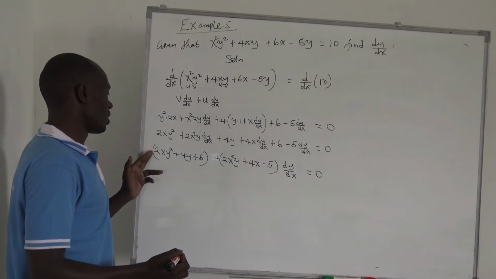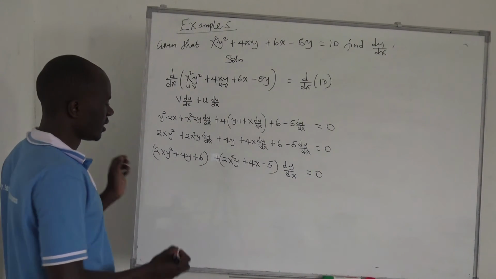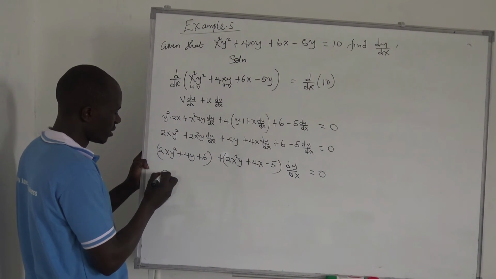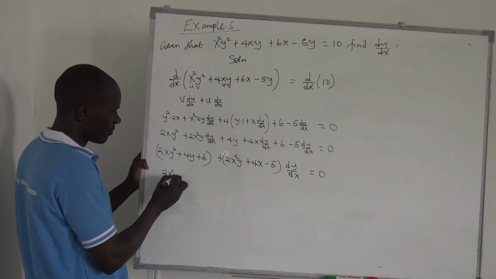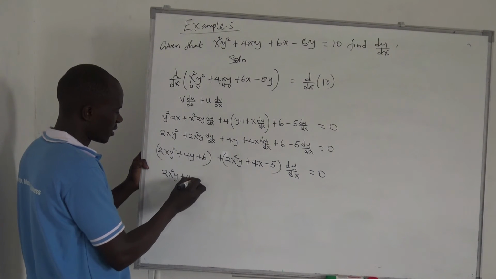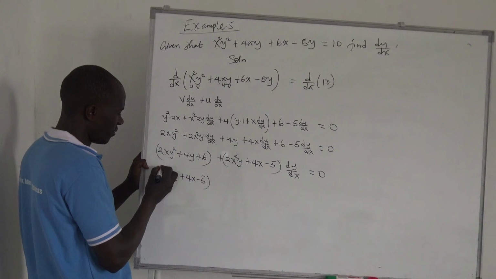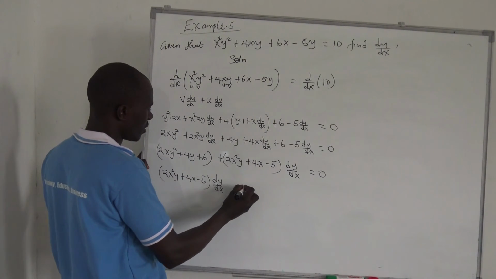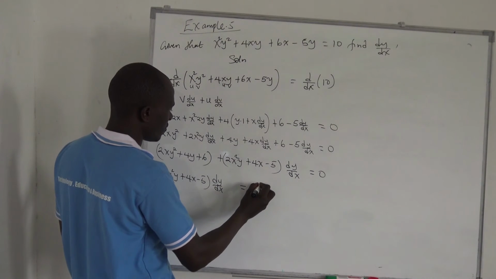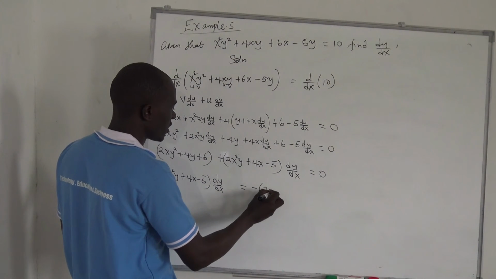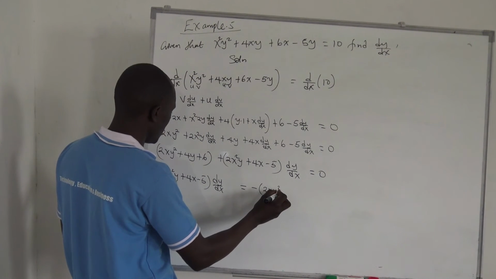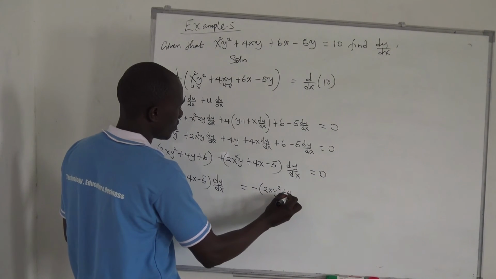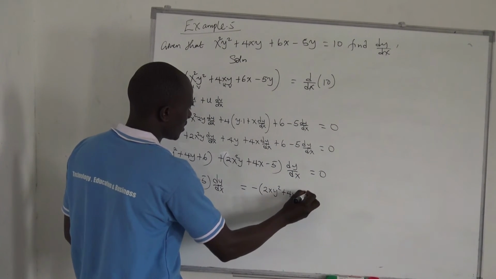Then these ones you can see are positive. When they go up, they become what? A negative. What do we remain with? 2x squared dy/dx plus 4x minus 5 dy/dx equals, take it there, negative into 2xy squared plus 4y plus 6.